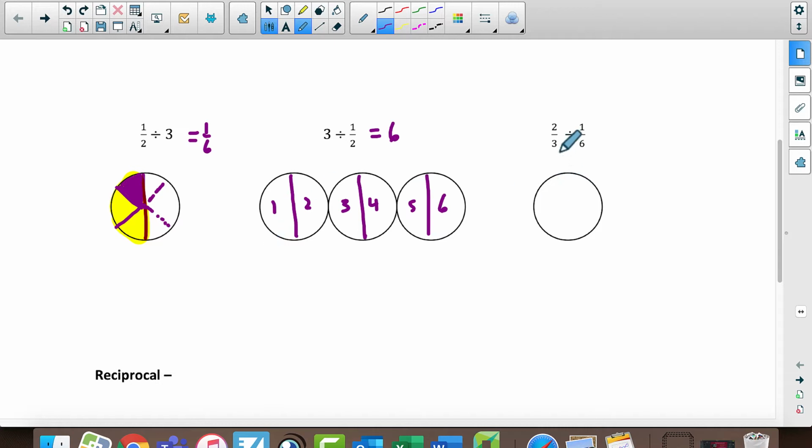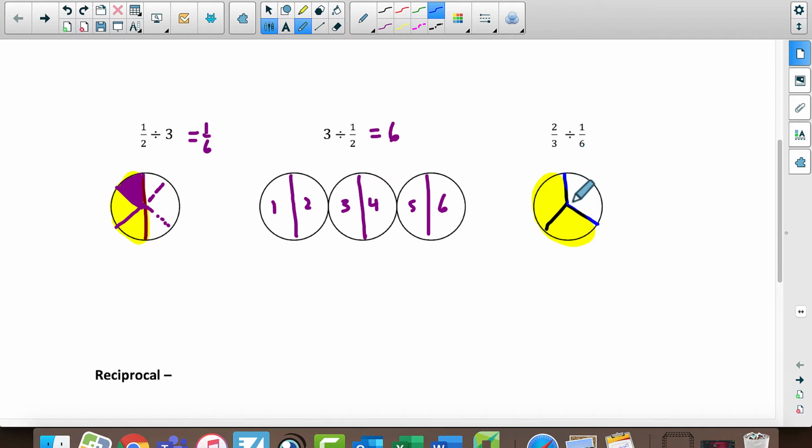All right, and then we have this 2/3 divided by 1/6. Ooh, this is a tricky one. What you could do is start by splitting this into thirds, something like that, and shading 2 of them to make 2/3. And now we're going to divide by 1/6. You could do it either way you want. You could split the shaded part into 1/6, or the way I'll do it is I'll see how many 1/6 go into 2/3.